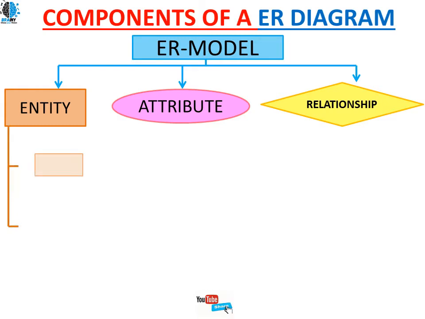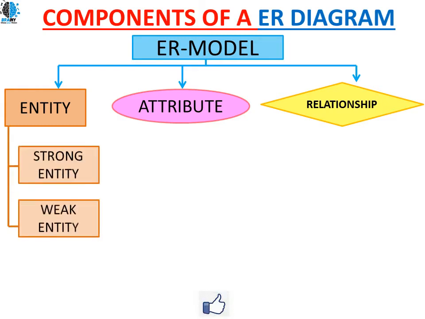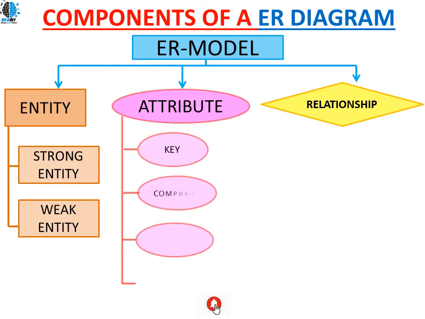So let's see this entity. Entity is of two types, strong entity and weak entity. Attribute will be of four types: key attribute, composite attribute, multivalued attribute, and derived attribute.